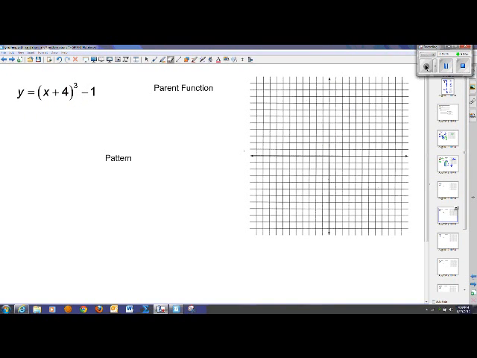So now we have a cubic function, and we know that our parent function is going to be y equals x cubed. We take a look at our equation, and it's not in the standard form that we should have. I should have x minus h, so in order to have a positive 4, I must have a minus a minus.